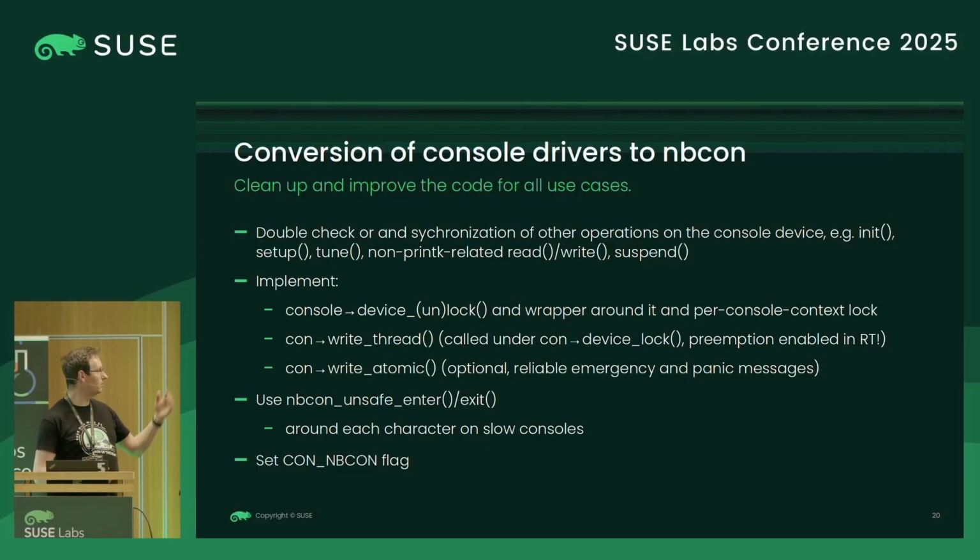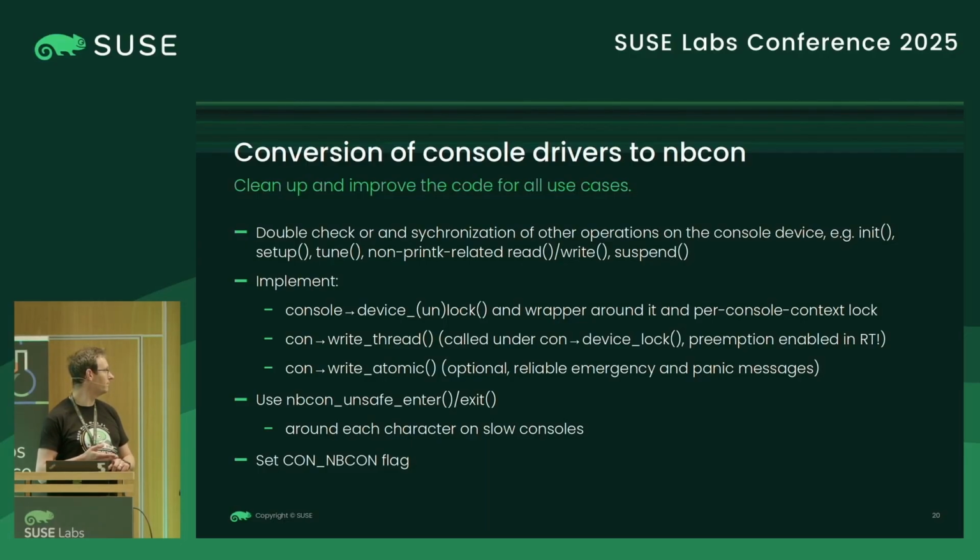So it's a good opportunity to actually double check this and fix existing troubles. Then the owner has to implement 4 callbacks for the structured console, like for taking the device lock, so that it could be used for the console registration and the console kthread. And then these 2 callbacks, one for flushing messages in the preemptible context, and another one which is supposed to work in atomic context, including NMI.